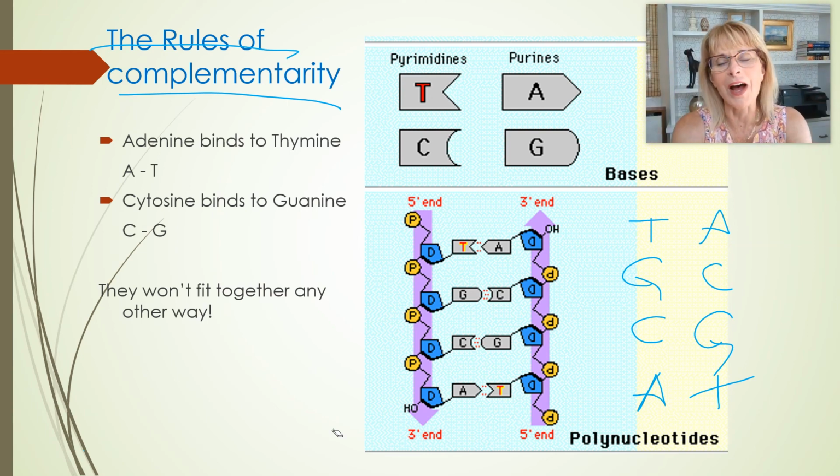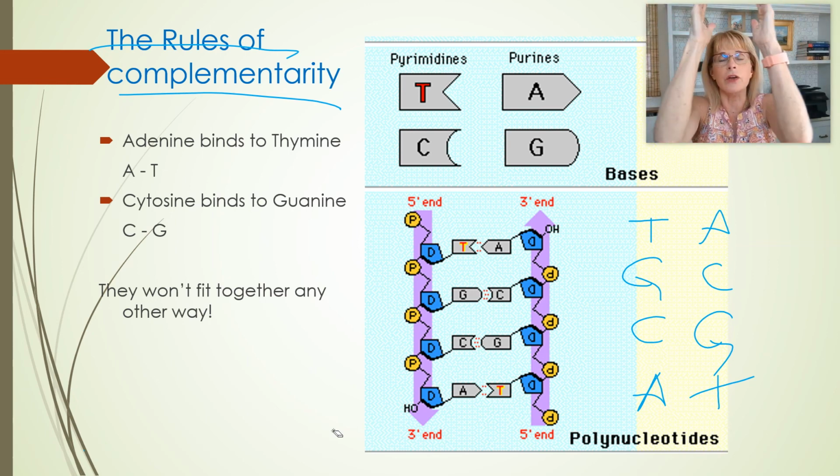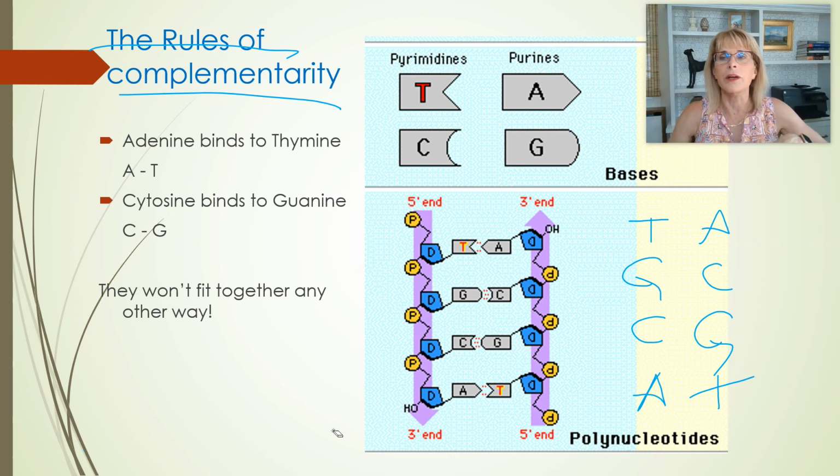That's what's brilliant about this particular system: when it comes time to make a copy of DNA, it is a daunting task. The enzymes that are doing this, we'll get to what enzymes are in a second, need to take millions of these adenine, thymine, cytosines, guanines, paired together, and make a perfect copy of it.